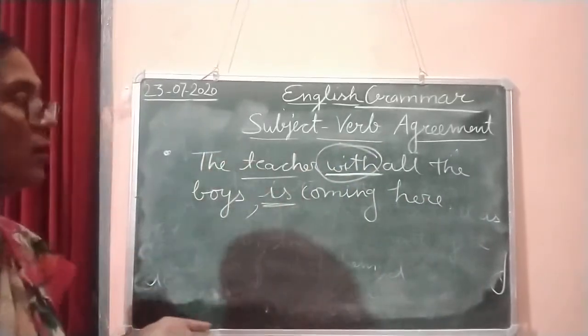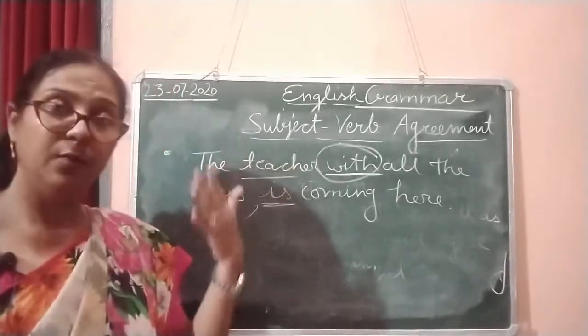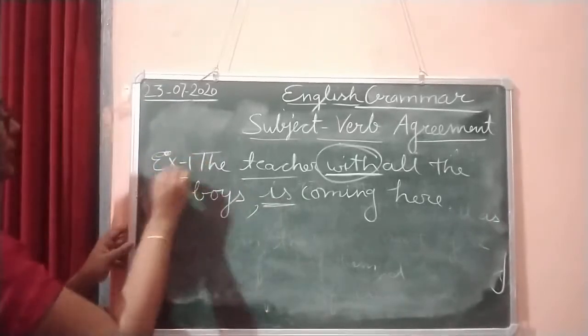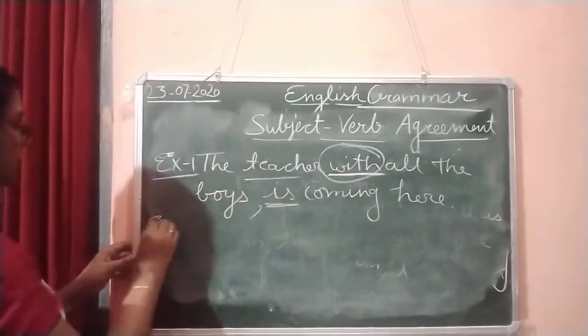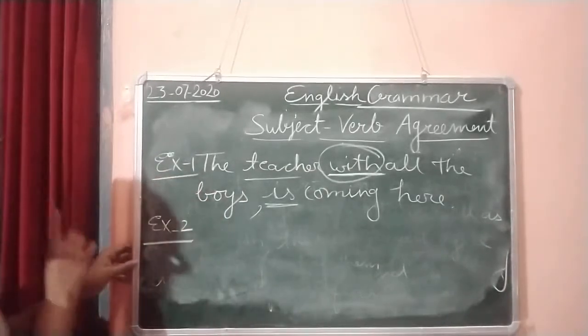Now the second one, the second word was "as well as". So I am going to give the next example also. This was example number 1 for "with", and this is example number 2 with "as well as".